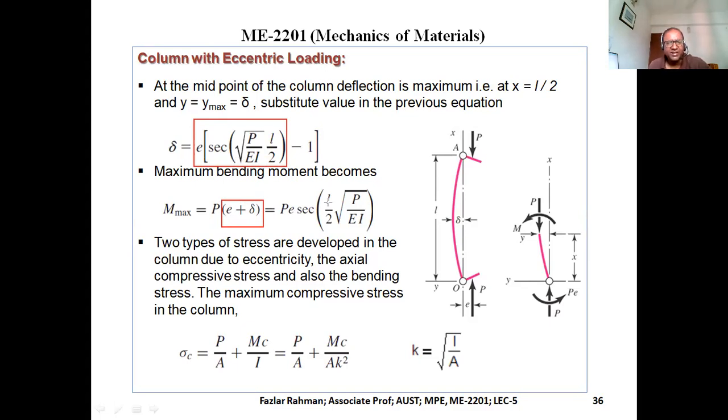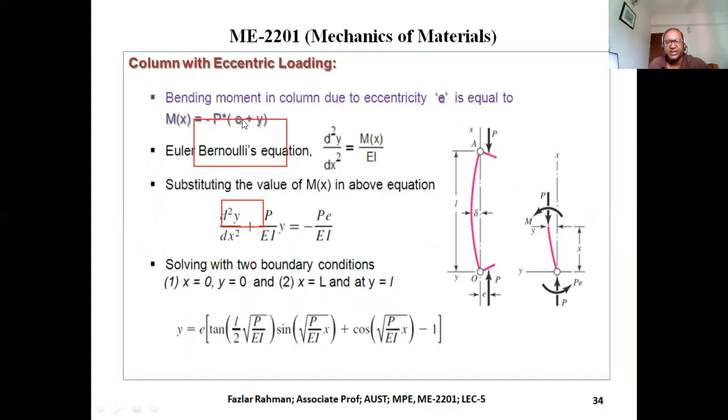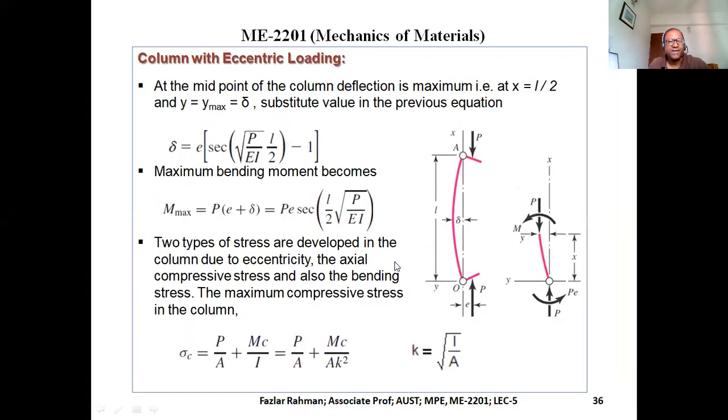Now, there is one question. If you look at the previous equation, there is a negative sign over here, but over here, M max, I didn't put any negative sign. Because if you look carefully at this point, where we make the free body, there are two stresses.